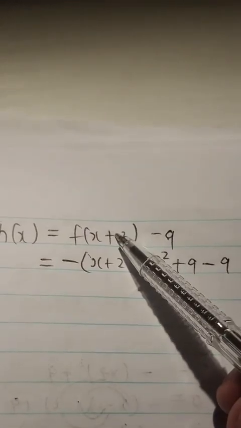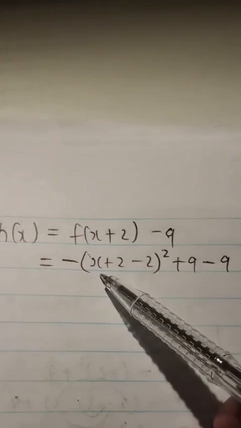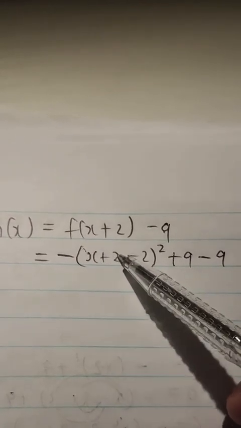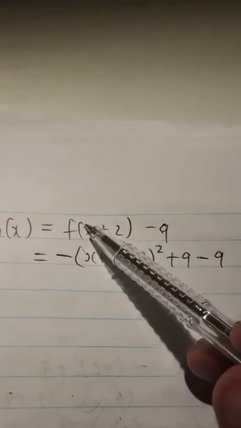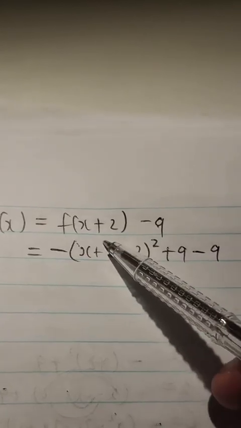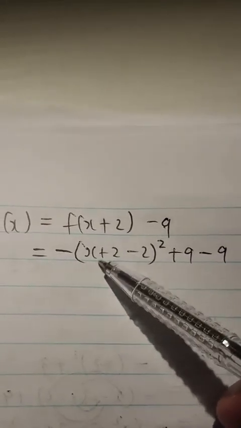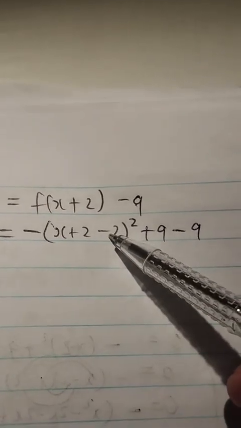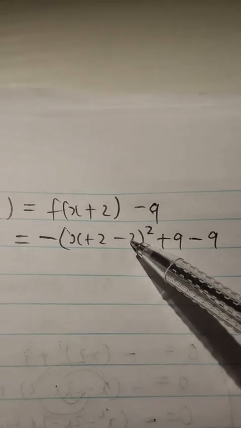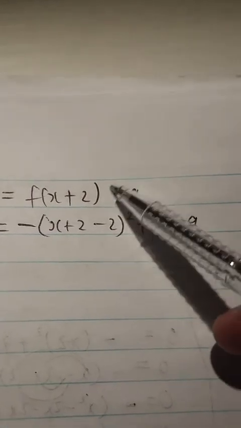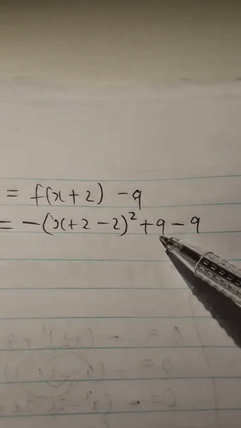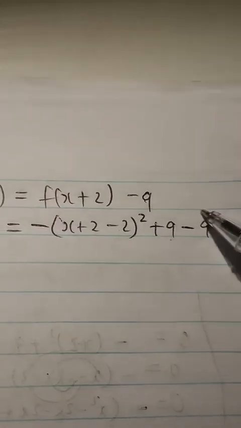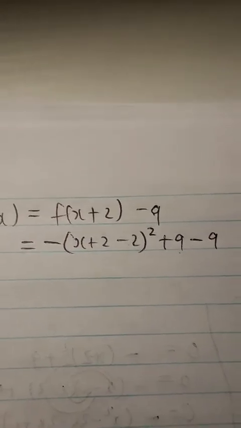Inside the bracket, in the place of x, we say x plus 2. We are replacing x with x plus 2 in its entirety. But then there was a minus 2 there, so we write that minus 2, the whole thing squared. Then outside, we have plus 9, but then we have to subtract 9, so there we subtract 9.